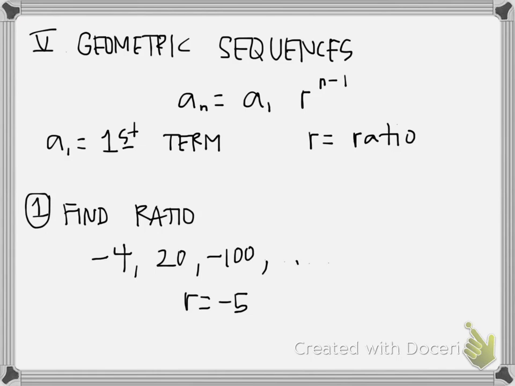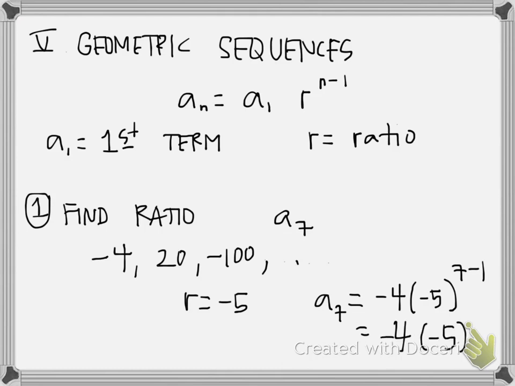Okay, let's say if I wanted to find a to the 7th power, or the 7th term. So if I wanted to find the 7th term, I would say -4 times -5 raised to the 7 minus 1. So -5 raised to the 6th power times -4.